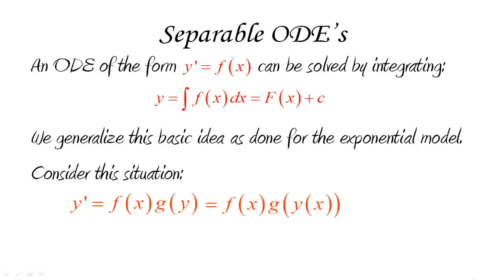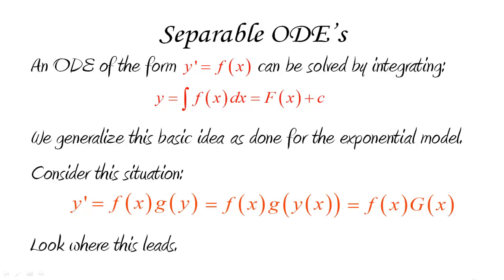So I can write the differential equation as f of x, a function of x, times g of y of x, which is also a function of x. So even though the original differential equation is written as a product of a function of x and a function of y, I can think of it conceptually as the product of two functions of x.